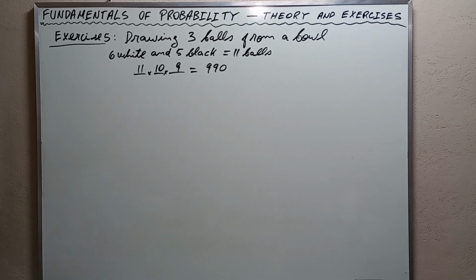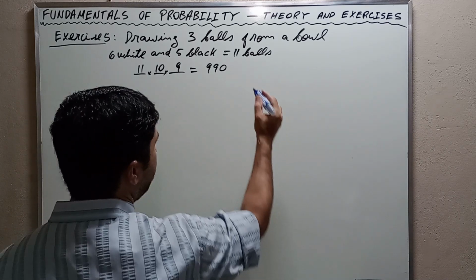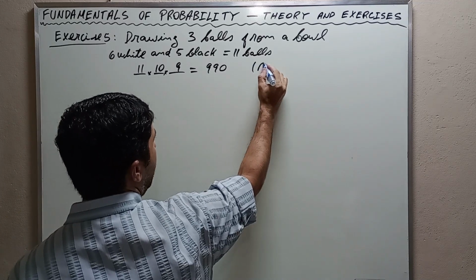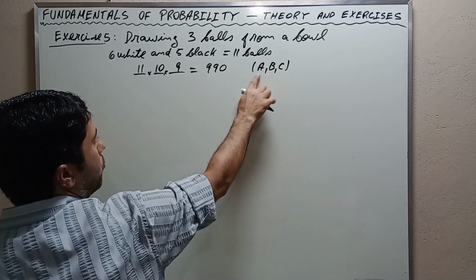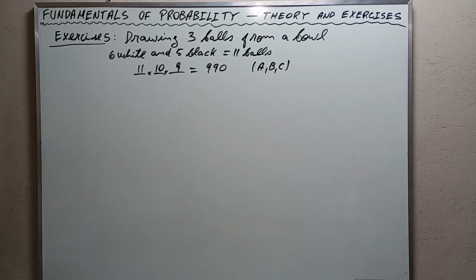That is, we're gonna have 990 triplets, not pairs, triplets of A, B, and C. This is a triplet. We're gonna have 990 triplets, which is the same as regarding each of the balls as unique.